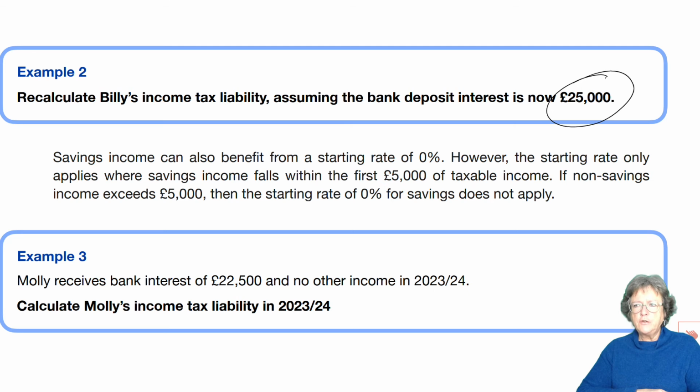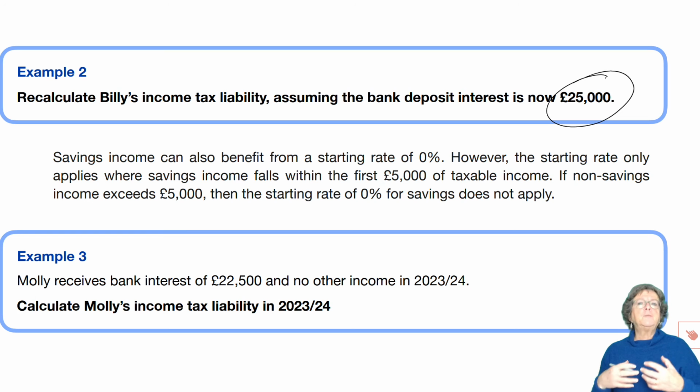So the starting rate only applies where the savings income falls in the first £5,000 of taxable income. Now in both situations, Billy had savings income of more than that, and therefore he wasn't entitled to this starting rate.